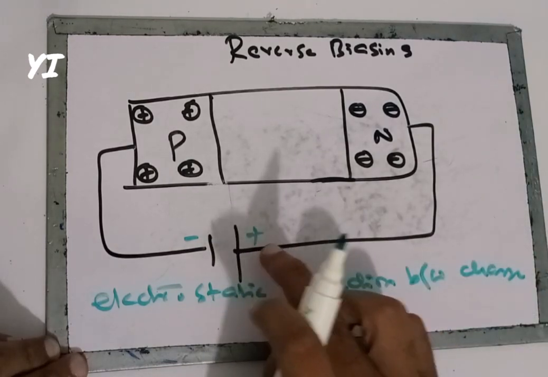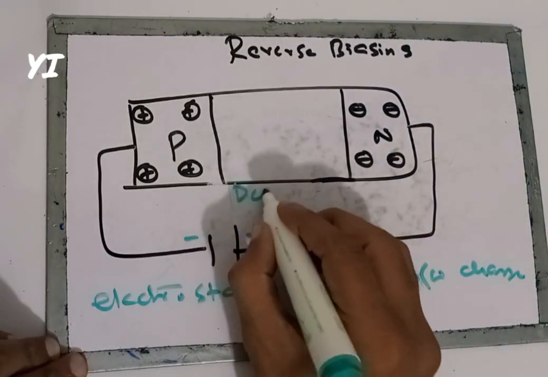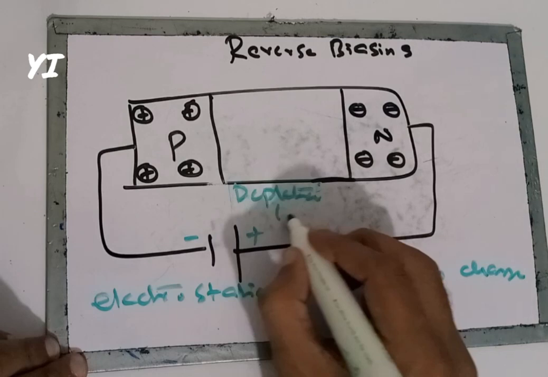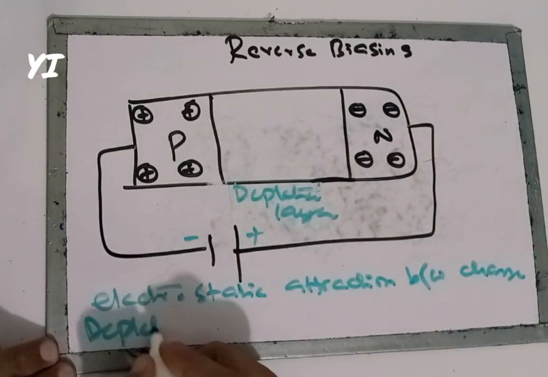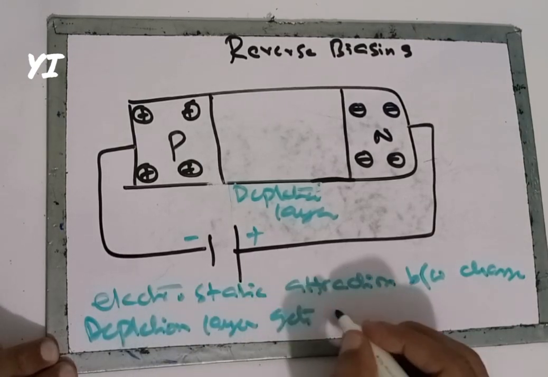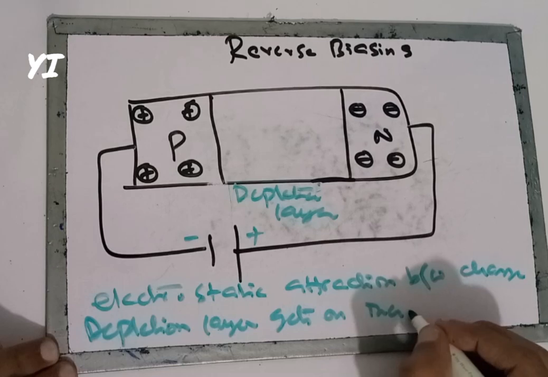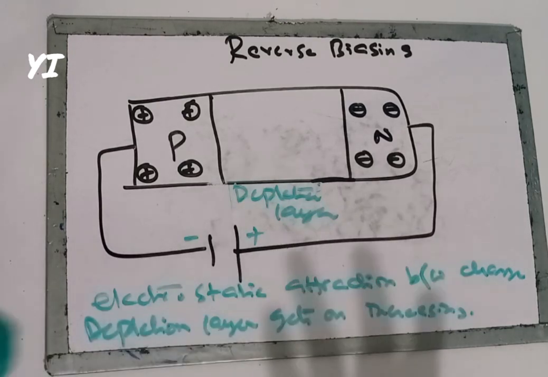So this positive charge can attract this negative charge, and hence this depletion layer gets on increasing. So that is how the reverse biasing is, and in reverse biasing no current flows.